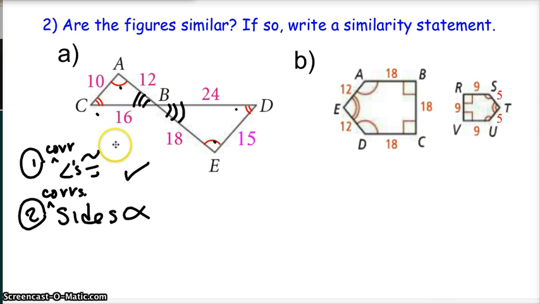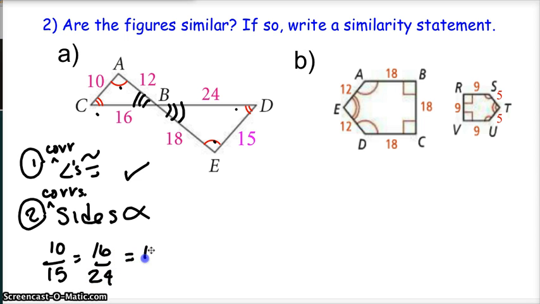So let's follow the side length. I have the side length marked with a 10. It goes from the single curve to the double curve. On the other triangle, that corresponding side is 15. Set up that fraction. Pick another side. The 16, for instance, goes from the double marking to the triple, and on the other triangle, that side length is 24.